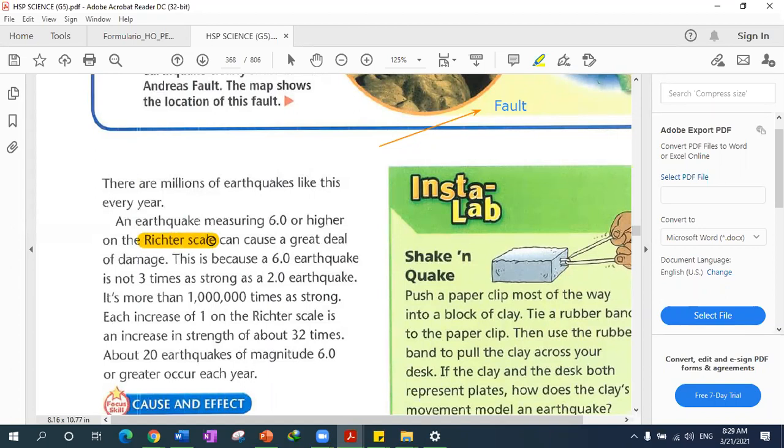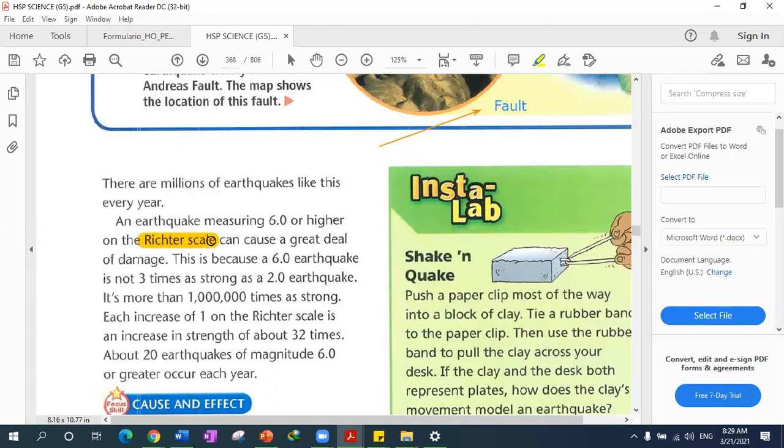This scale tells us whether the earthquake was so strong and dangerous, or we just didn't feel it. Some earthquakes happen and people do not feel them. I think we had something like that a couple of years ago. People were talking on the internet about an earthquake.